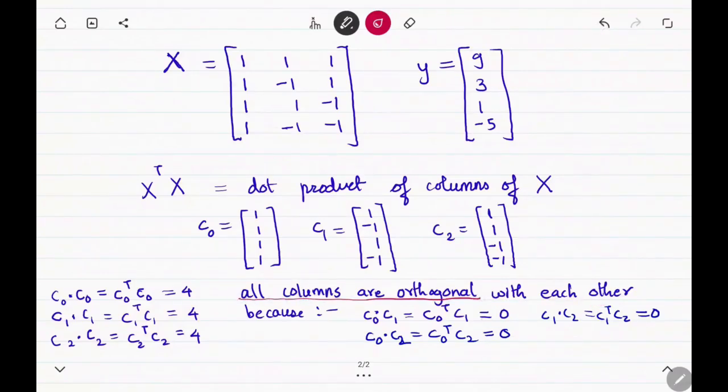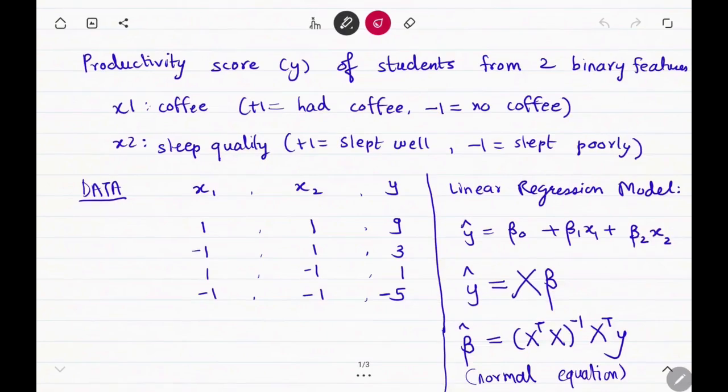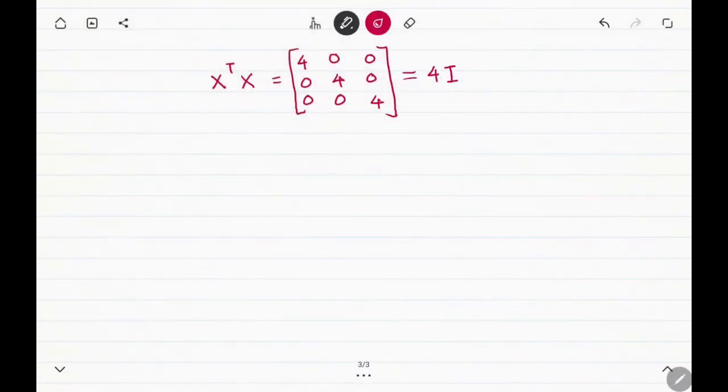And we get a very pleasant simplification, that is, X transpose X is equal to [4 0 0; 0 4 0; 0 0 4], or it is equal to 4 times the identity matrix, 4I. So therefore, X transpose X inverse will be 1/4 times I.